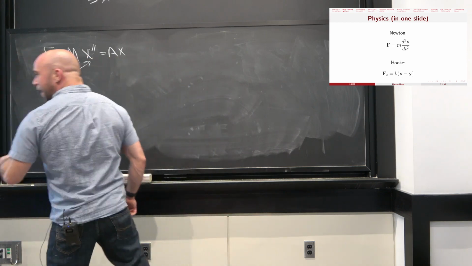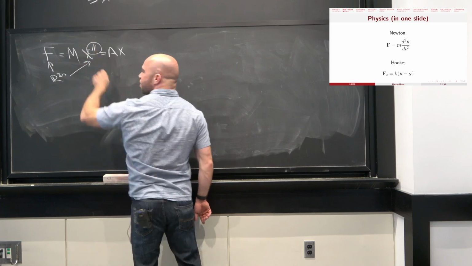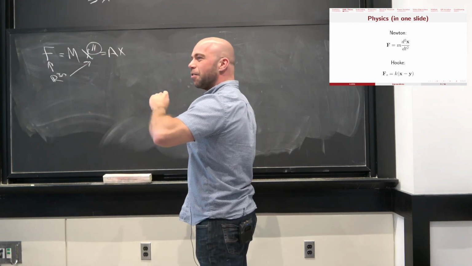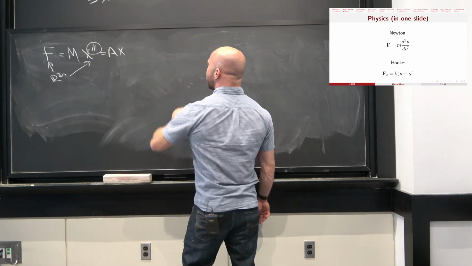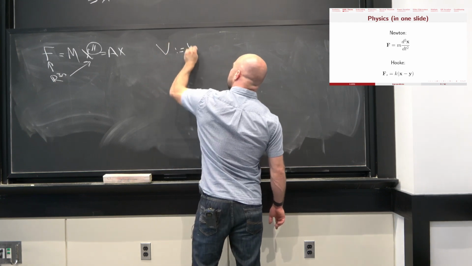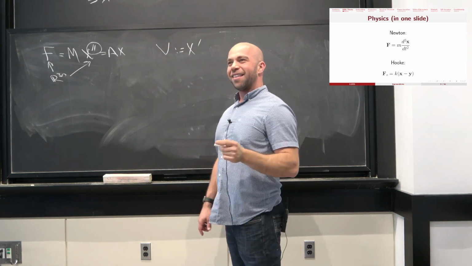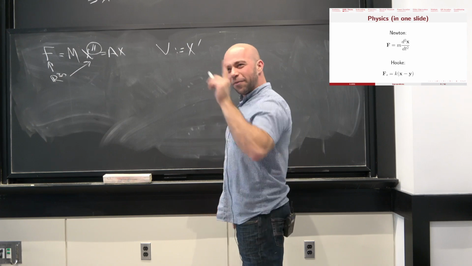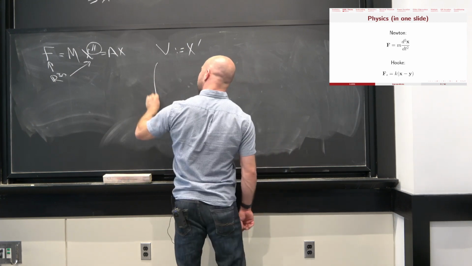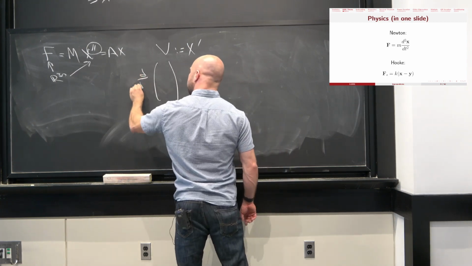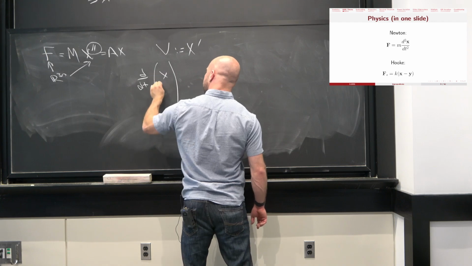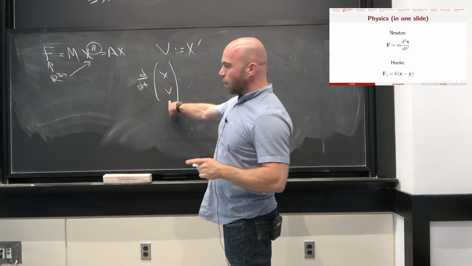So one annoyance is this double prime here, but here's a mathematical hack: let's define v to be equal to x prime. Then I'm going to write down a first order ODE, which is the following: d/dt of (x, v). Now, what space is this in?